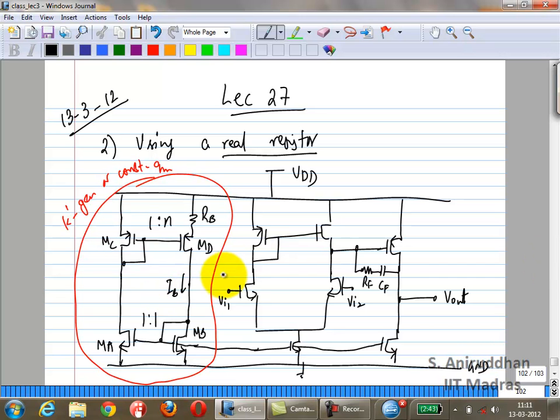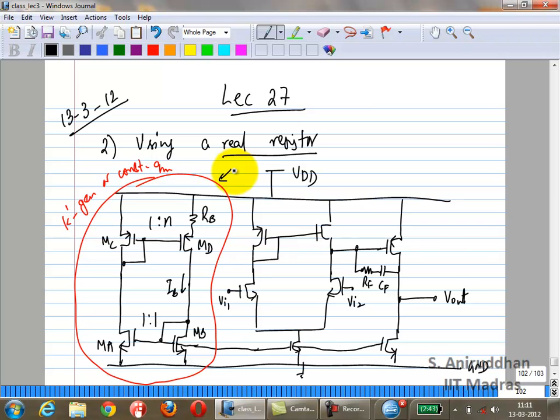First of all, if all currents are 0 inside this portion, is that a valid steady state? What do the MOSFETs need to satisfy?